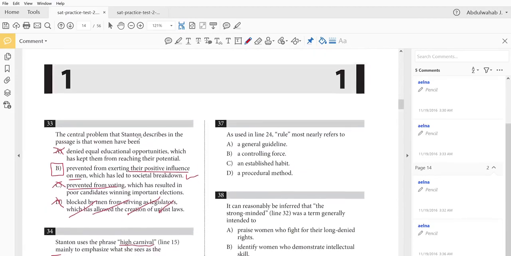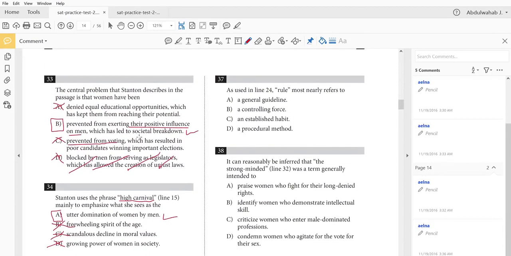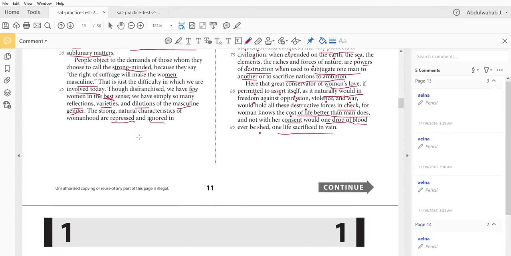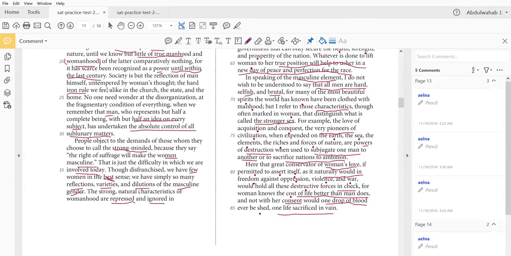I'm quite confident. Now, as used in line 24, rule most nearly refers to, let's go to rule in line 24. No one need wonder at the disorganization. So I'm going to read actually from line 22 to get the whole context. Always go through the words or the sentences before and after to get the context correctly.